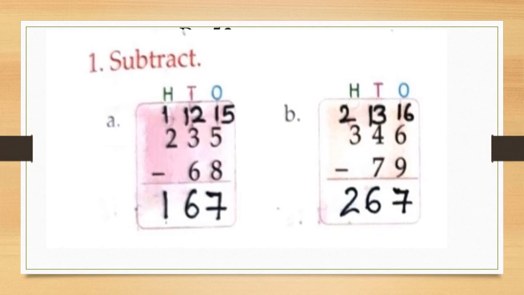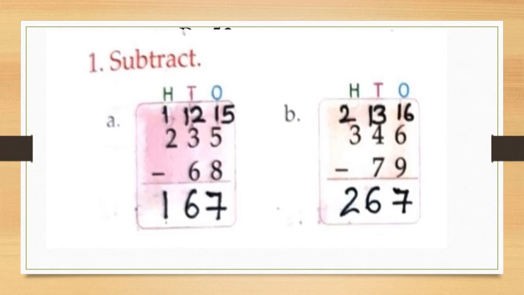Now children, at tens place, you can't subtract 7 from 4. So you will borrow one hundred from hundreds to make 2 hundreds and 13 tens.